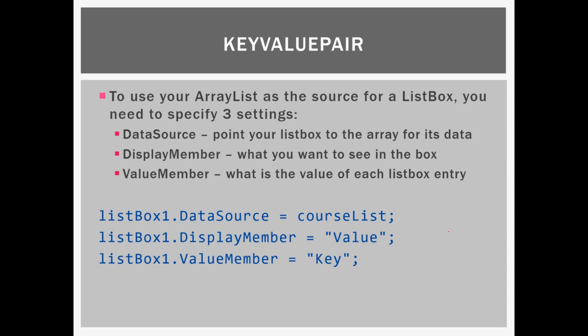Now you'll notice here that these are strings that indicate the names of those two properties. So in a KeyValuePair, you have two named properties, Key and Value. Value is the thing that you see, and in this case, the key we're using for the selected value. I know it sounds a little bit backwards, but you just have to figure out which one you want to show where.